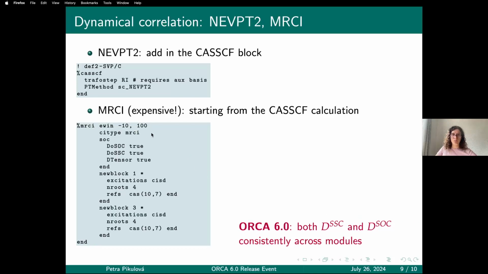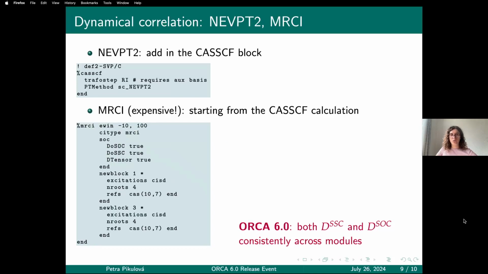So here is an example input for multi-reference CI, where I'm starting from the same CASSCF calculation as I had before, and I'm using this CASSCF wave function as a reference for CISD. And again, I'm asking for spin-orbit coupling, spin-spin coupling.